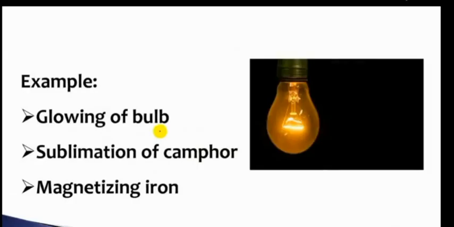Examples are glowing of a bulb, sublimation of camphor, magnetizing iron. When you heat camphor, it converts back to camphor again. So it is called a physical change.